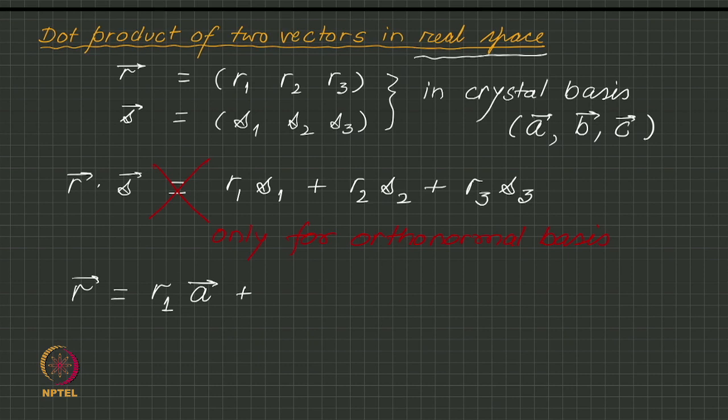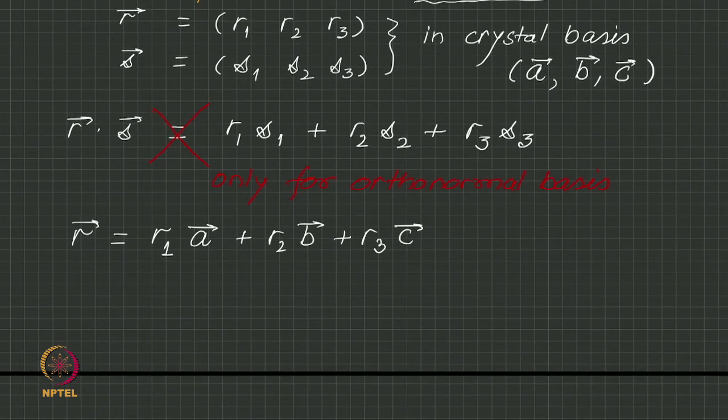So, when the basis is A, B, C, the components R1, R2, R3 are with respect to that basis, which means the vector is R1 A plus R2 B plus R3 C. And similarly, the vector S is S1 A plus S2 B plus S3 C.